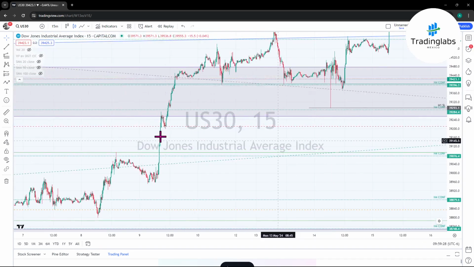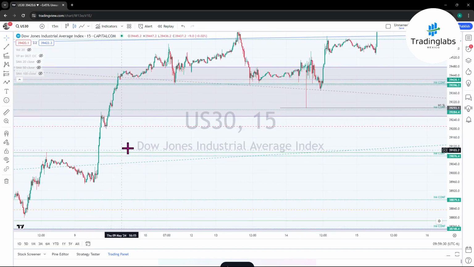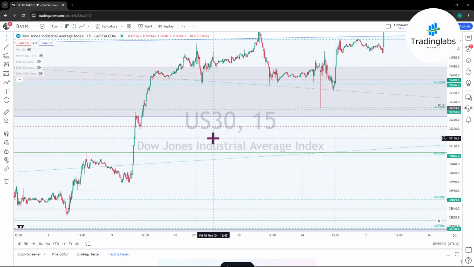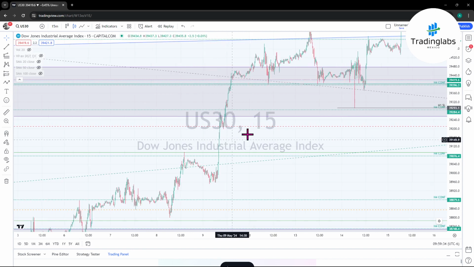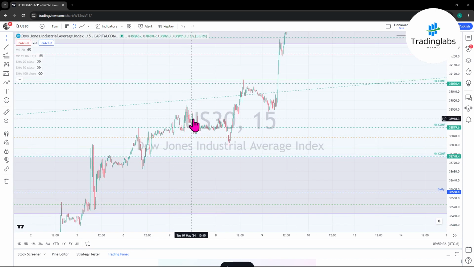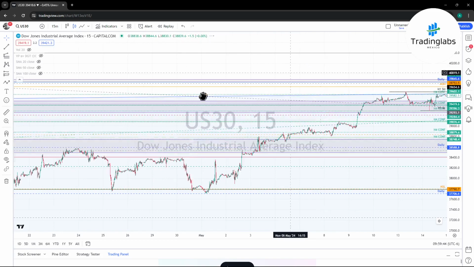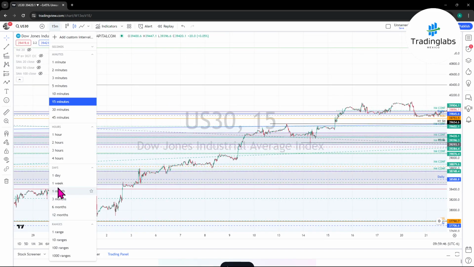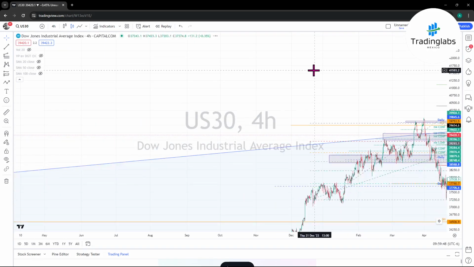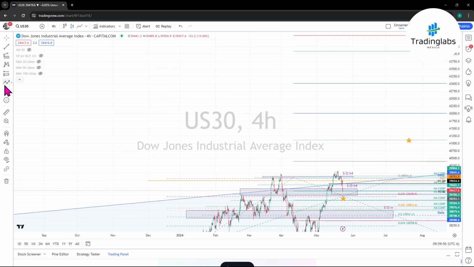Fair value gaps are basically, a healthy market, believe it or not, is this one, with moves like go up, go down, go up, go down. Let me give you 4 hours. A fair value gap, for example, a market. How do you spell it? I never heard it before.